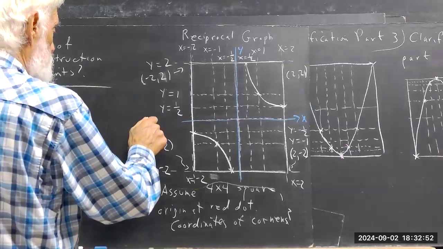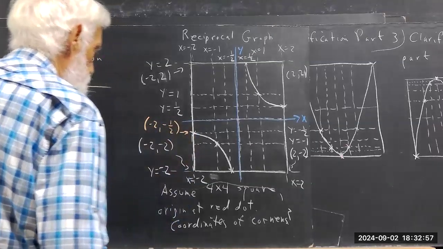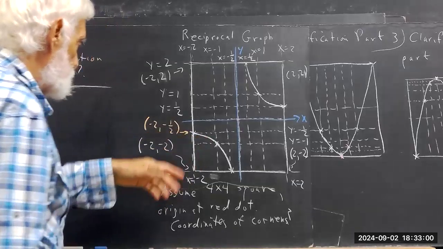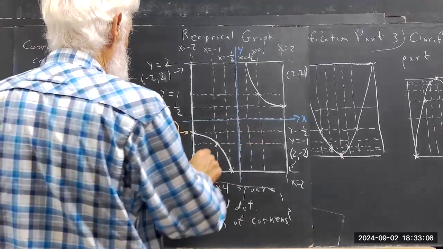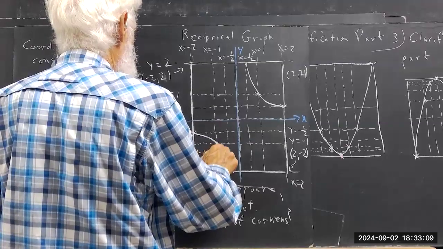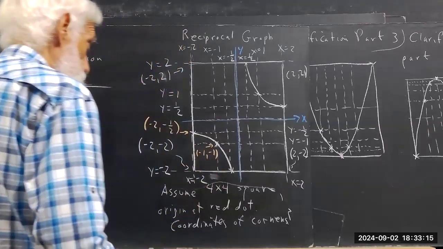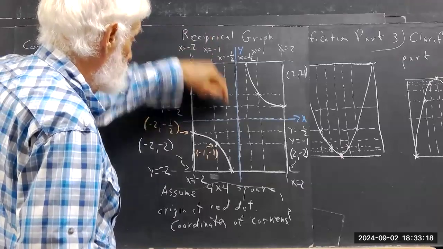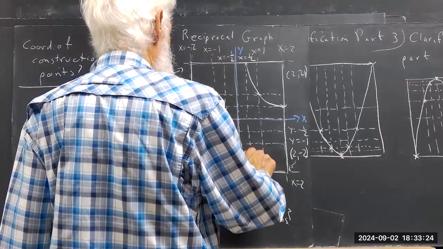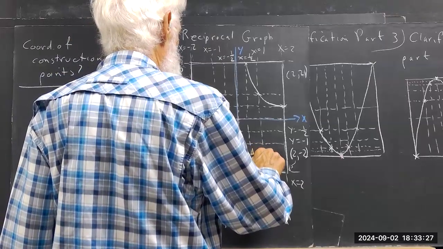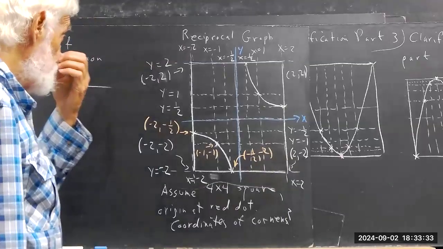Here, let's see, what x line is it on? x equals -1, y equals -1. So this would be -1, -1. The point down here is x equals -1/2, y equals -2. Now, be a little careful, we don't really have room on the other side. So there we have it.